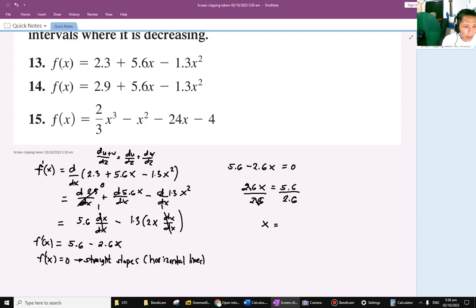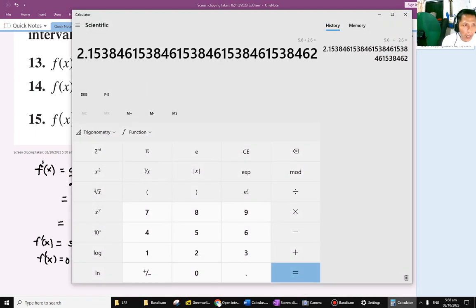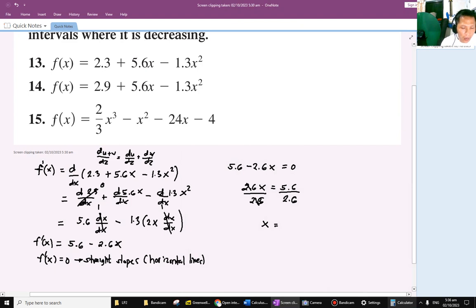Okay, so 2 times 3 is 6, and 2 times 1 is 2, so that would be 2.6. 5.6 divided by 2.6 would be 2.15. So x would be 2.15. So that is a critical number. Critical number x is equal to 2.15.